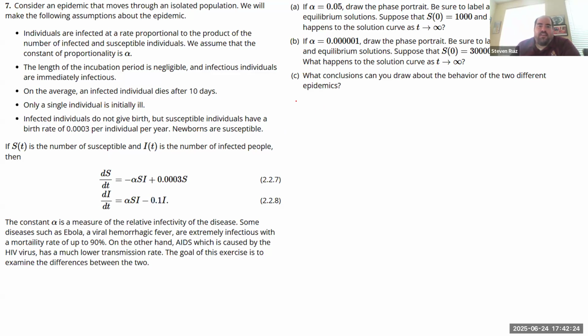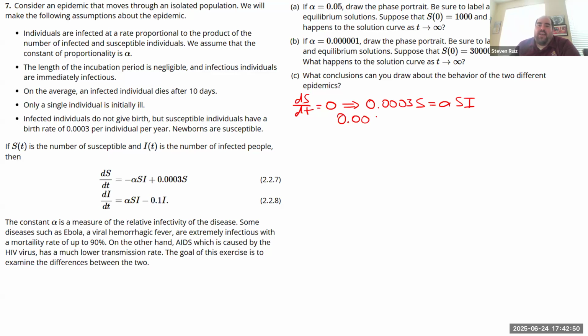So let's do this. Where will ds dt be equal to 0? That's essentially where 0.0003s equals alpha si. I'm going to bring everything to the other side, which is the way I should have done it to begin with.